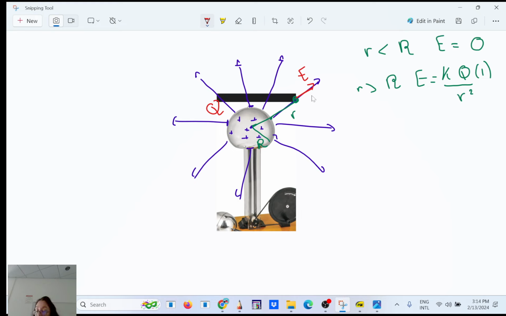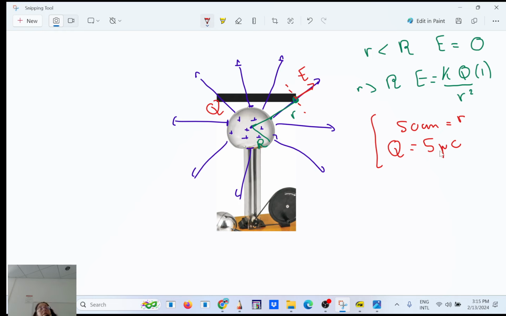Yes? So let's suppose that you have a Van de Graaff, and at a distance of 50 centimeters, the charge is 5 microcoulomb.